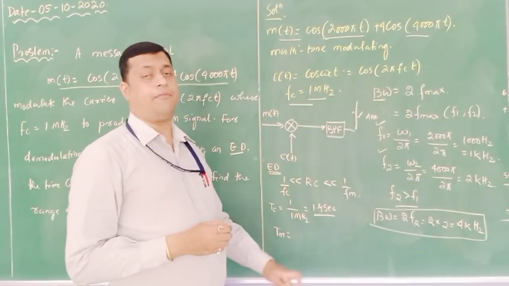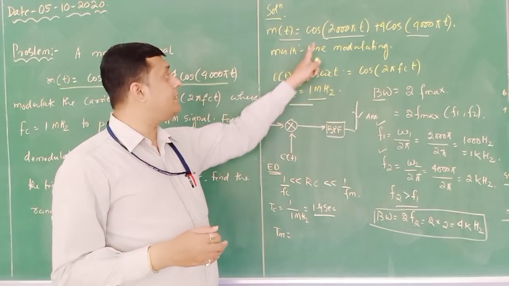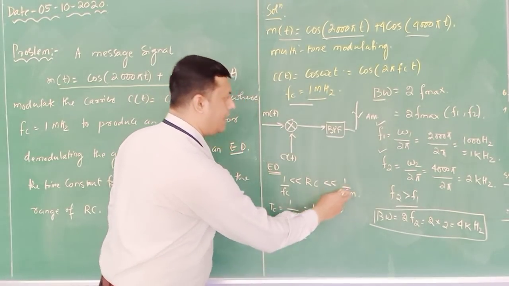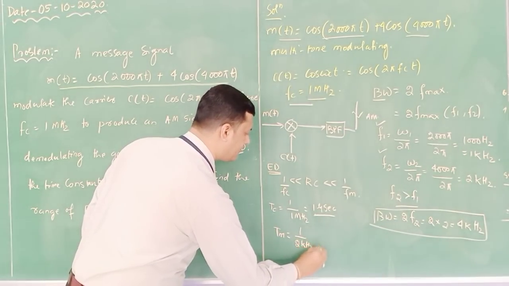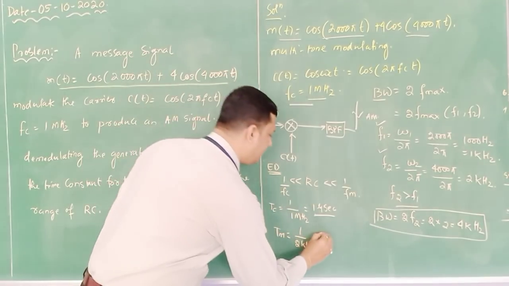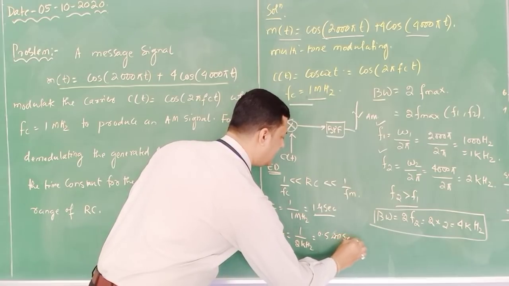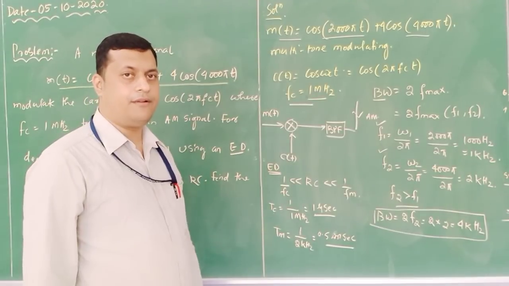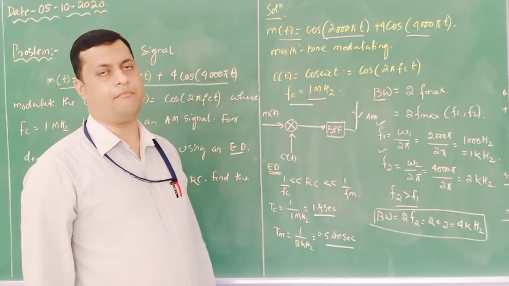Now this 1 by Fm is nothing but 1 by the maximum frequency available in the modulating signal. So here 1 by Fm is how much? It is 2 kilohertz. Okay. Now this kilohertz, if I take it upside, it will become 0.5 millisecond. So that means my time constant will lie between 1 microsecond and 0.5 millisecond.